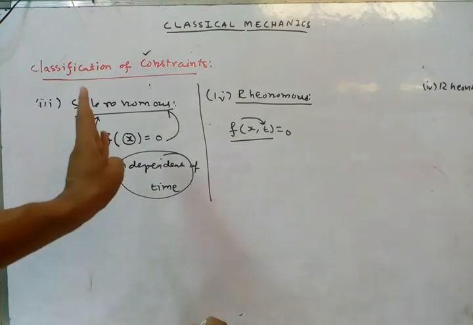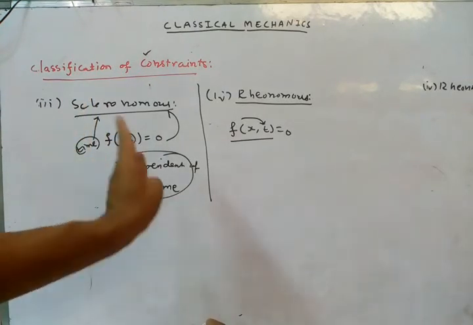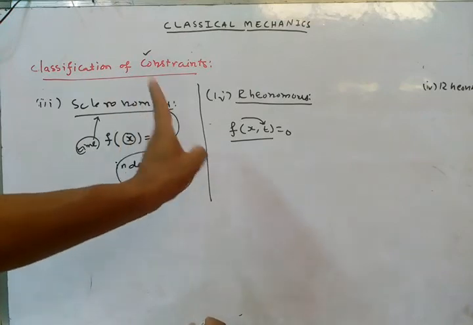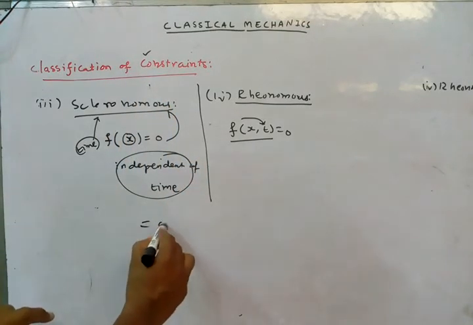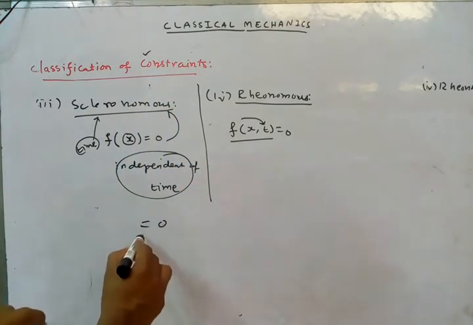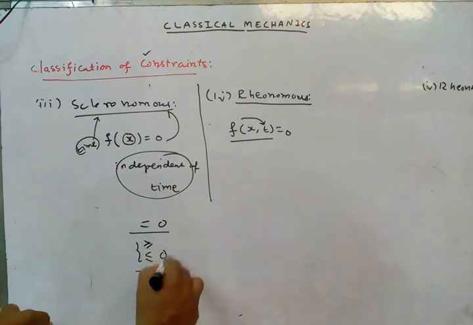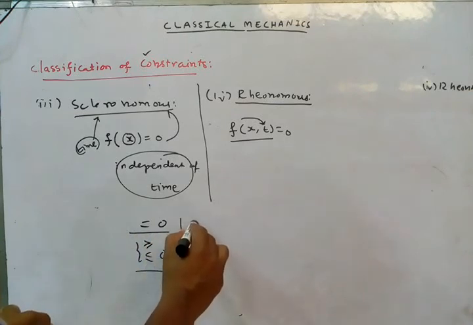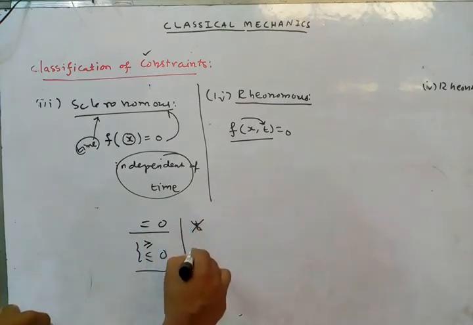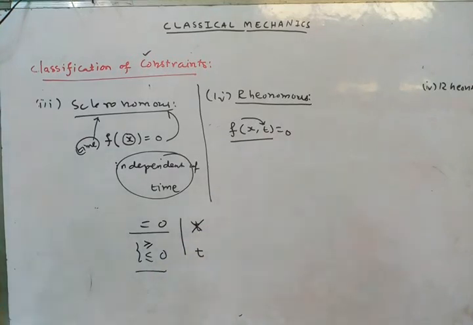So the first one is holonomic, it is equal to 0. The second one, non-holonomic, greater than or less than or equal to 0. Third type, independent of time, it is not depending on time. Fourth type, it depends on time.